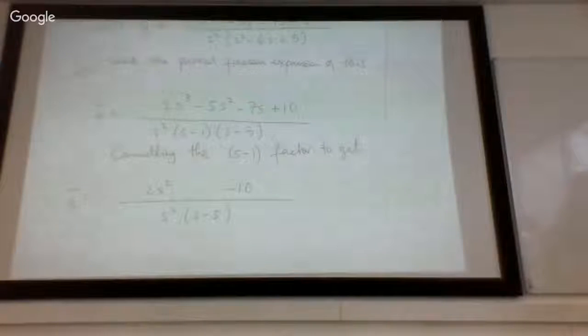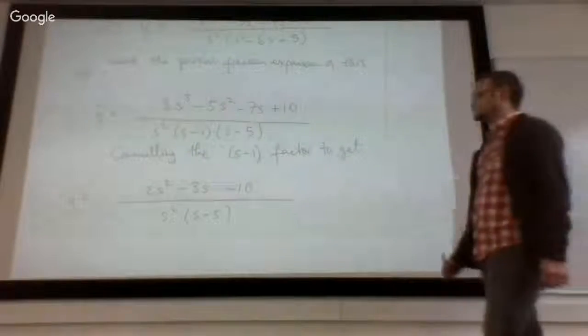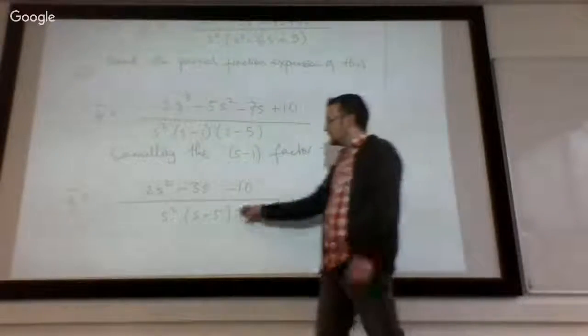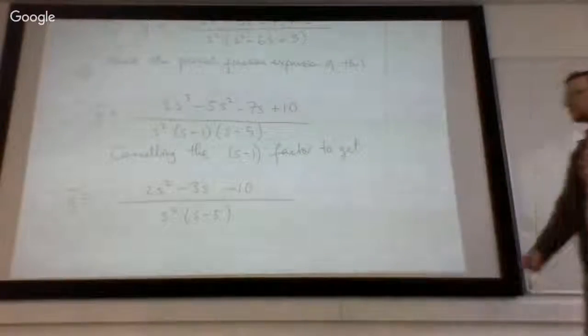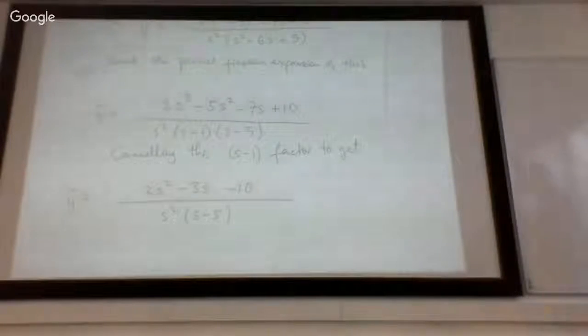So what should the s term be? Well, we're going to get 2s squared, and then to end up with minus 5s squared, the s term should be minus 3s, shouldn't it? Yeah, minus 3s. Okay, so now we've got our cubic denominator, quadratic numerator, so we can go for the partial fraction expansion there. 5 is not a root of the, what is it, 2s squared, no, it's not.